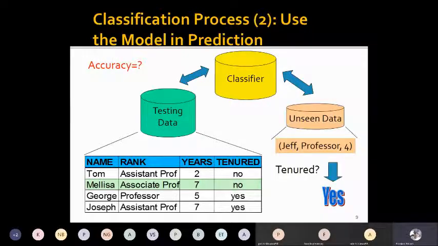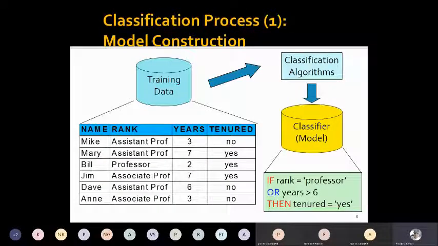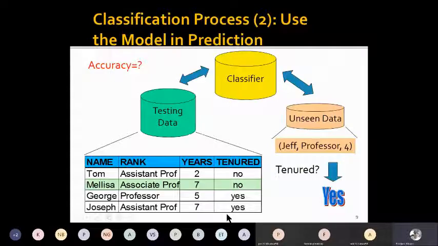In the case of Melissa, the rule is not applying correctly, because Melissa is not a professor, but she has been working more than 6 years. According to my previous rule, she should be tenured. But in this particular case, she is not tenured. That means the accuracy of my rule for these 4 data samples is 75%. It is working for 3 of the samples, not all.